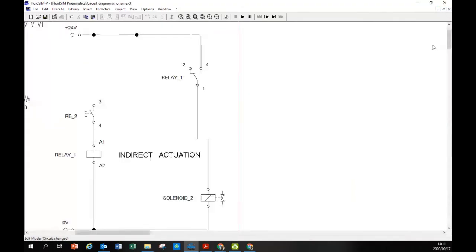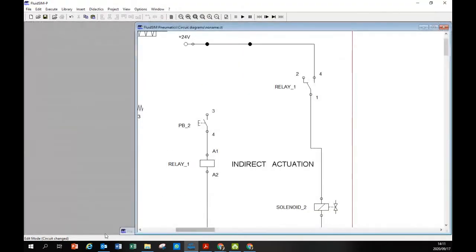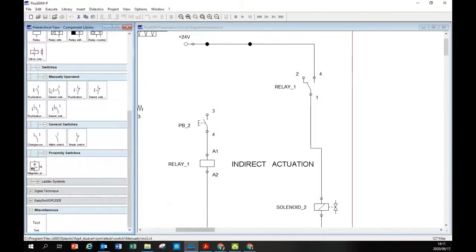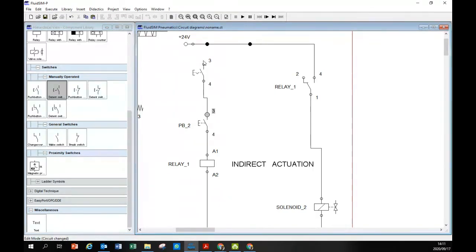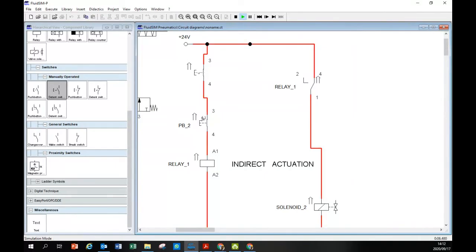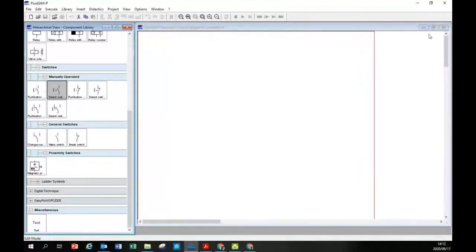Let me bring back this. This is a switch. Connect, connect. Right? So now I'm able to press and hold there. Now you see, both are connected. How clear? Let's move along.